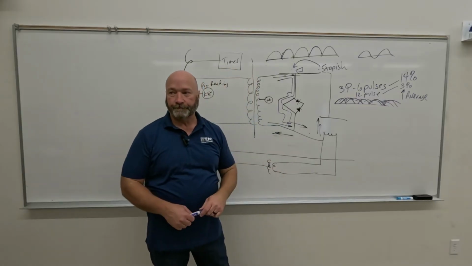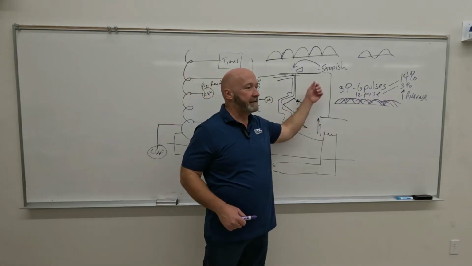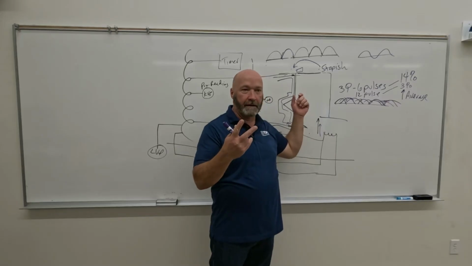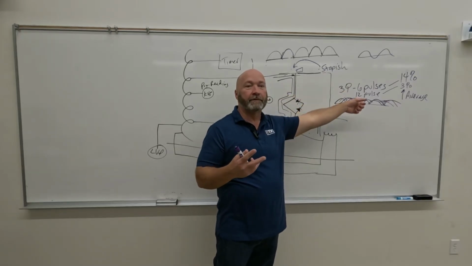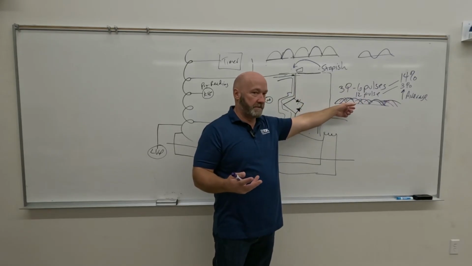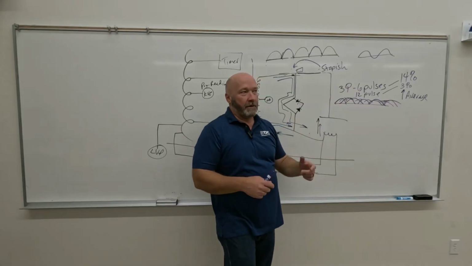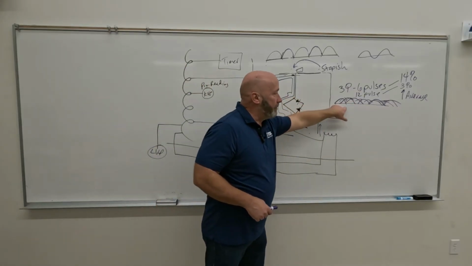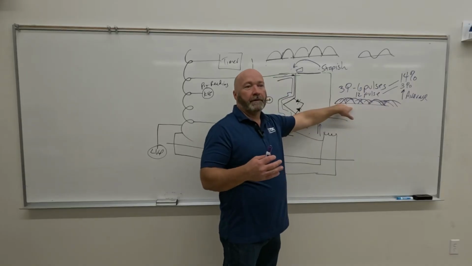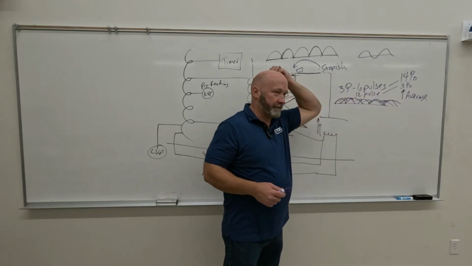Double your mass. Okay, so 3-phase to single-phase, you have to double your mass. If you go from single-phase to 3-phase, you have to cut your mass in half. Okay? So better output, better average, still got 3% voltage ripple.